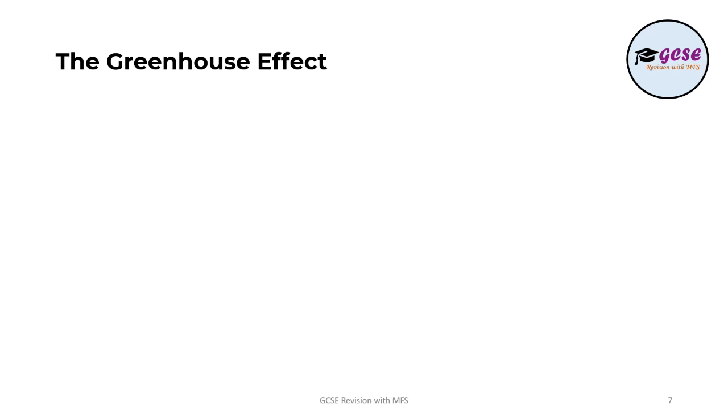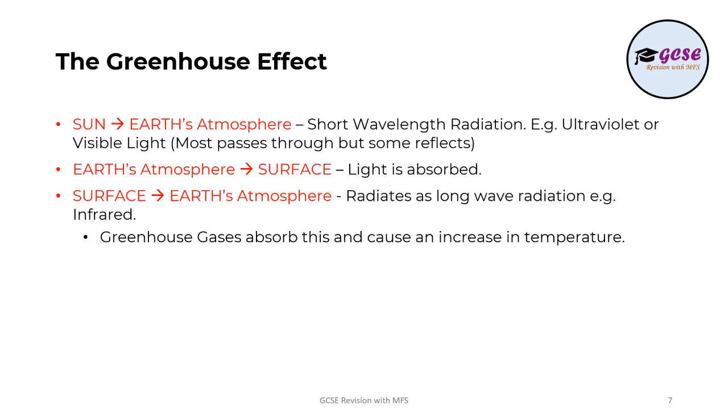Now, the final thing we need to look at for today's lesson is the greenhouse effect. So the greenhouse effect is here. I've condensed it into as few words as I can just to make it simpler. There are three components involved within the greenhouse effect that you need to know.